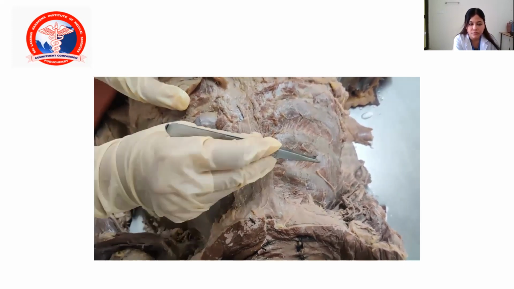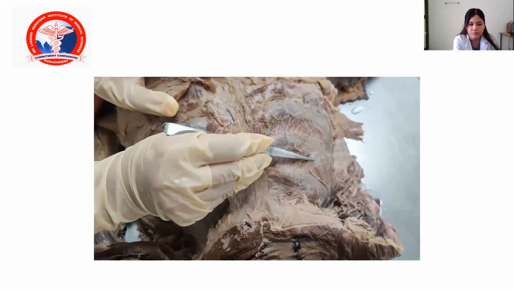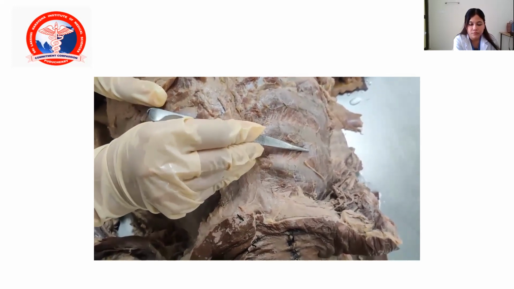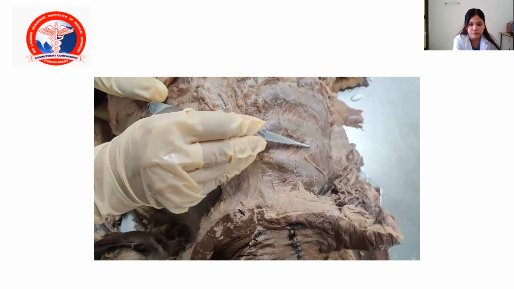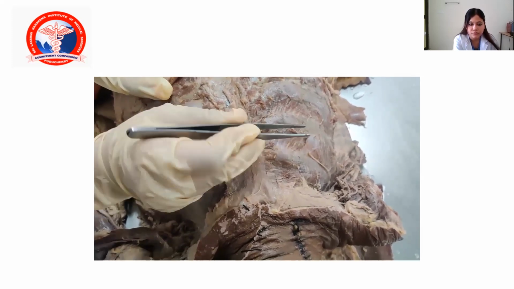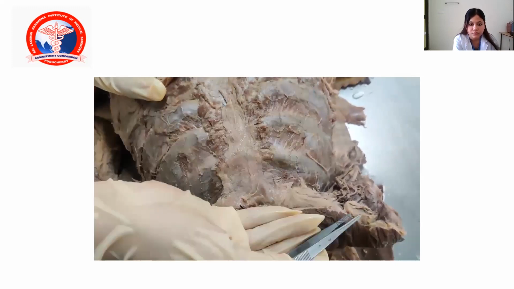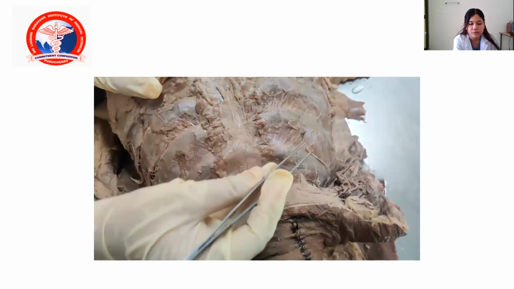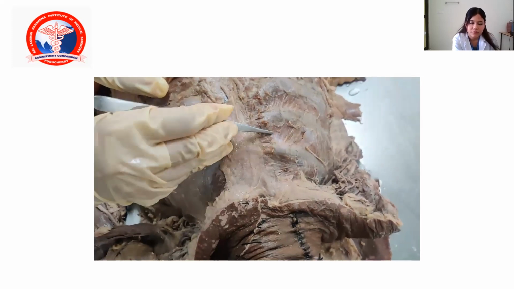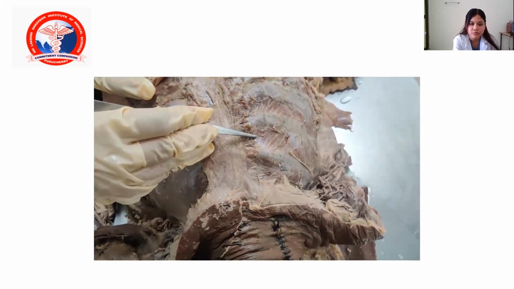What happens to the external intercostalis muscle? As I have told you, it extends from the costochondral junction to the angle of the rib posteriorly. So here you can see, I am showing you the external intercostalis muscle.